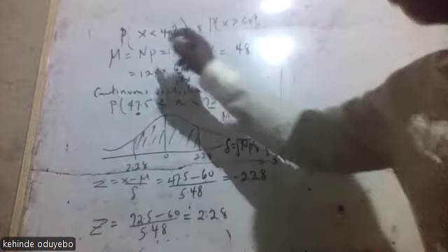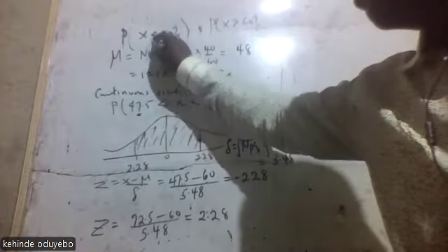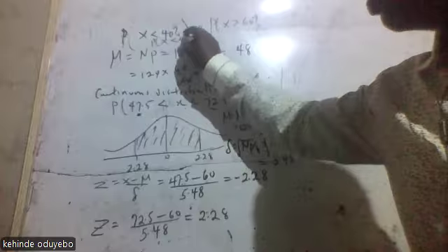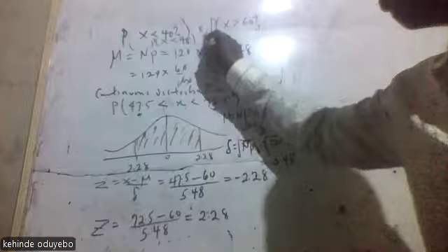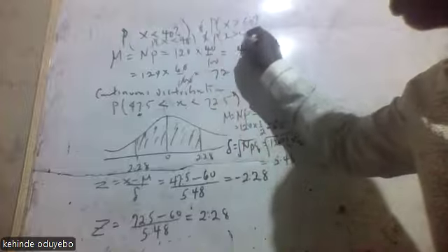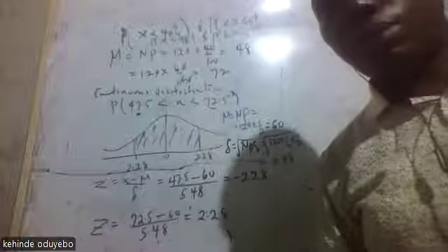Is that not? Yes. So if I get the probability of X, this is what I will get. I'm going to put 48 here.